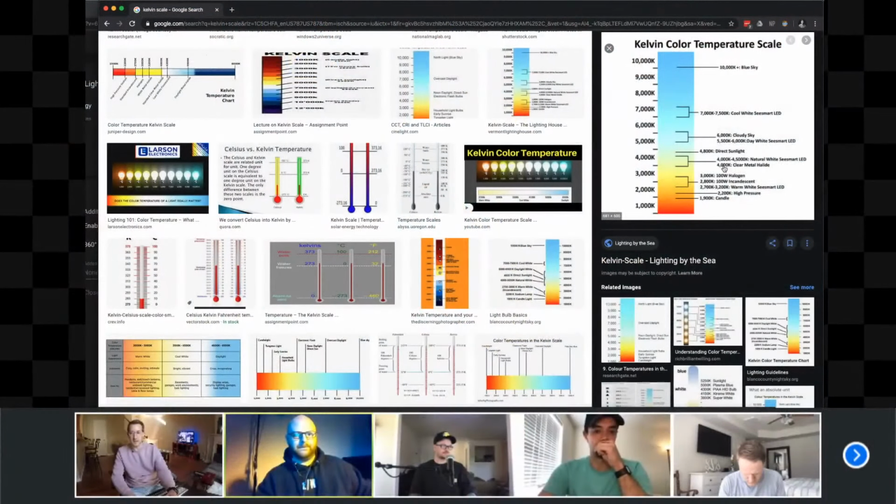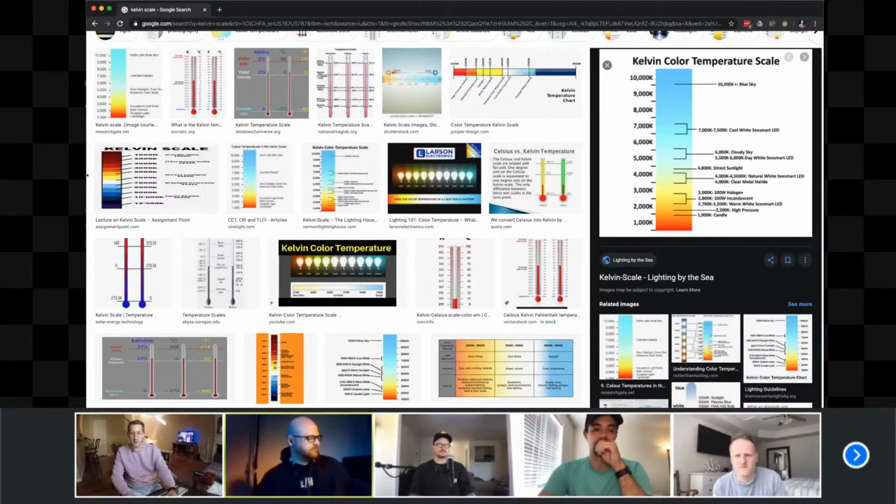So you combine the two and you get something that looks a little bit like this. This is a bit of an extreme example, but you get the cool on this side and the warm on this side. I have a picture of what this color temperature scale looks like.